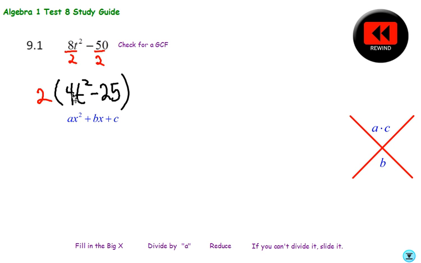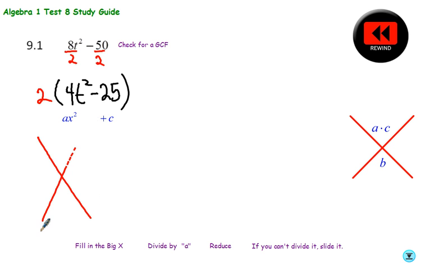So that would be my a. The c is always the number that's last, that's by itself. So what you'll notice here is that there's actually no b. The b is missing. That's what it really kind of looks like, just a and c. Well, if the b is missing, then that means that it's equal to 0.